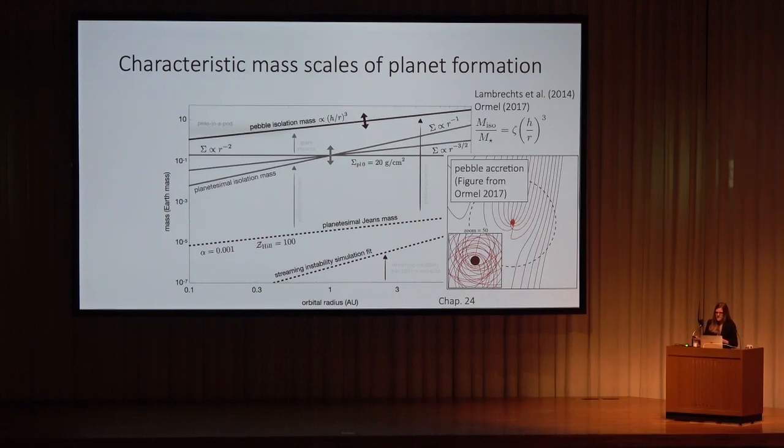The pebble isolation mass has a cubic scaling on the disk's aspect ratio, h/r. And so this factor, h/r, can vary from disk to disk, meaning that pebble accretion could instill a rough mass uniformity within an individual system, but different masses from system to system.